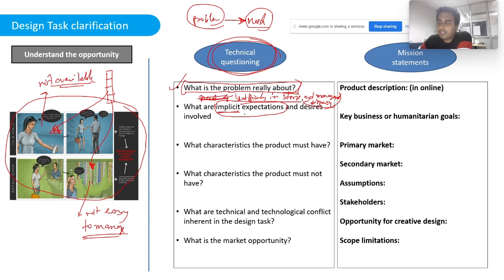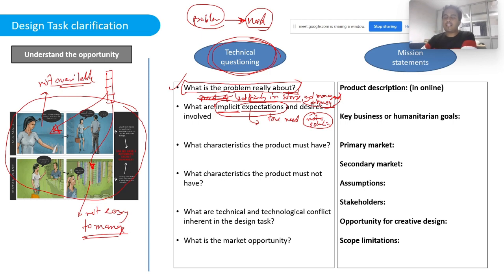So do you know what implicit expectation is? Some expectation that needs to be satisfied. So basically implicit expectation means it is a true need. You are not defining a solution. Okay, not a solution.